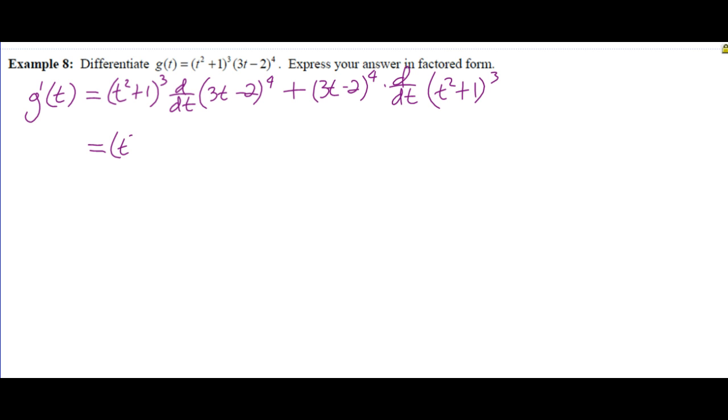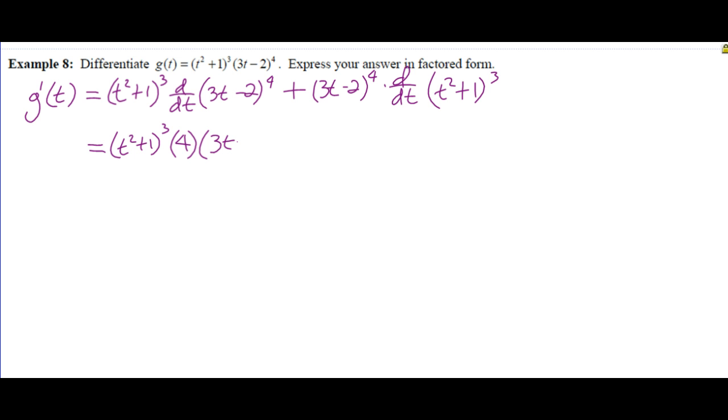So we've got (t squared plus 1) cubed times this derivative. Okay, so what's this derivative? Well, what's the first thing? We're going to take the 4 out front, right? So it's going to be 4 times, I'm just going to throw the 4 in brackets. I'm going to bracket everything so I'm not writing numbers beside each other or something.